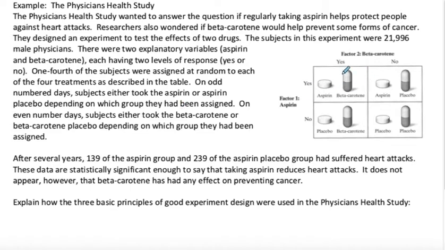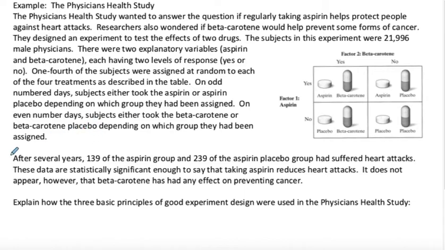Okay, so factor 1, they had yes, they got aspirin, no, they got a placebo. And factor 2, the beta carotene, was yes, they got it, or no, they didn't. And so this, they got both, this, they got neither. They were taking 2 placebos. On odd number days, subjects either took the aspirin or the aspirin placebo, depending on which group had been assigned. And on even number days, the subject took the beta carotene or the placebo, depending on which group they had been assigned.